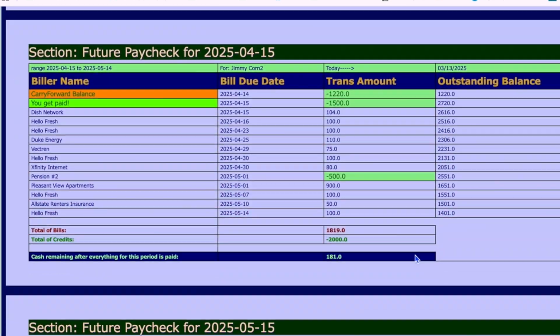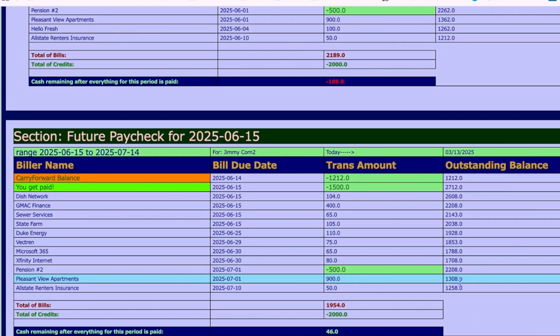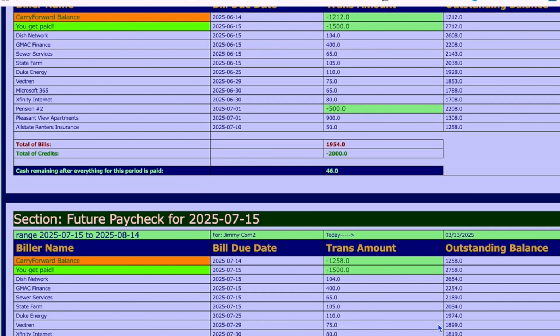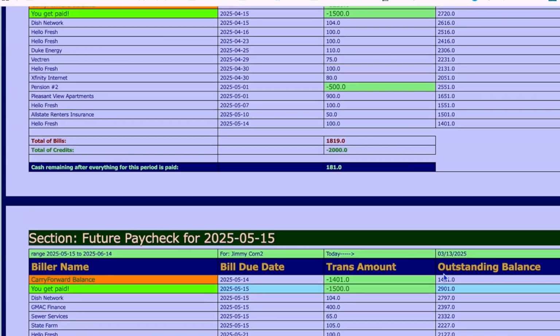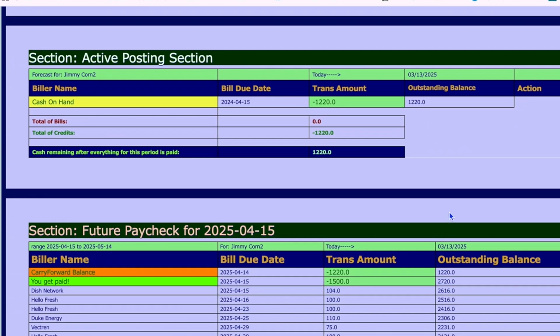So this person, I don't think they should go negative now. 1212, 1258, 1369. Yeah, so there's enough money now they get in monthly where their balance is gradually going up a bit higher. And granted, this is just make-believe. We didn't put any expenses in here for food and so forth.